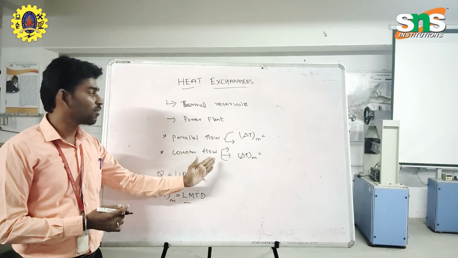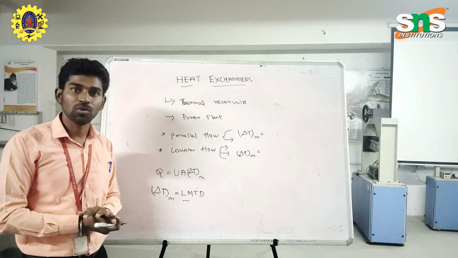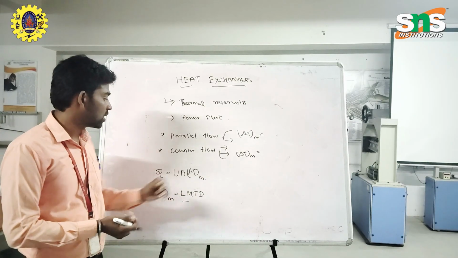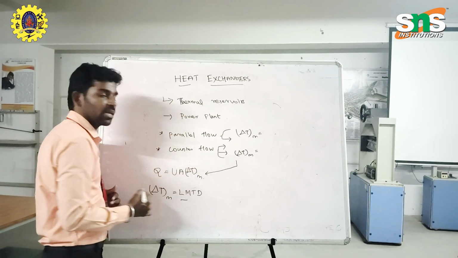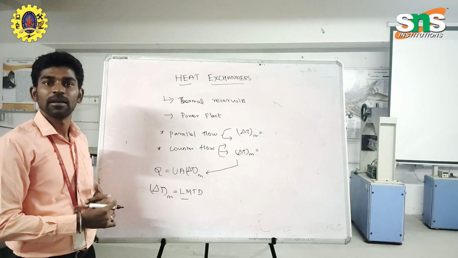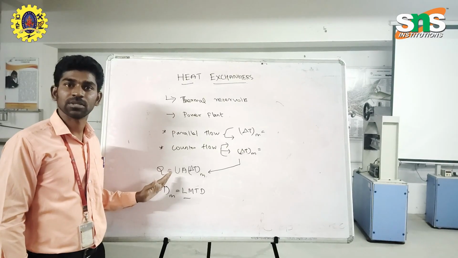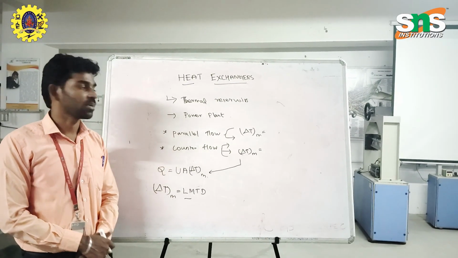So for parallel flow and counter flow we need to find the logarithmic mean temperature difference and substitute this value in the heat transfer equation. We get the overall heat transfer rate of these heat exchangers. So this is the parallel flow and counter flow concept.